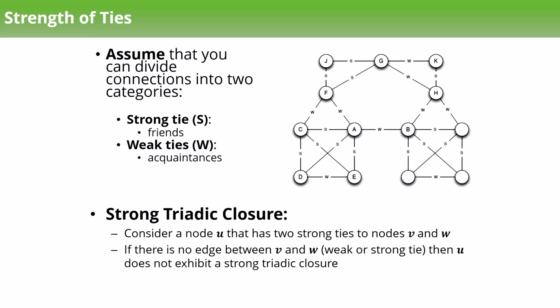The next one is strong triadic closure. So look at the three nodes in the diagram. Suppose person A has a strong relationship with B and A also has a strong relationship with C. Then there is a good possibility that B and C will also know each other. This creates a triangle.